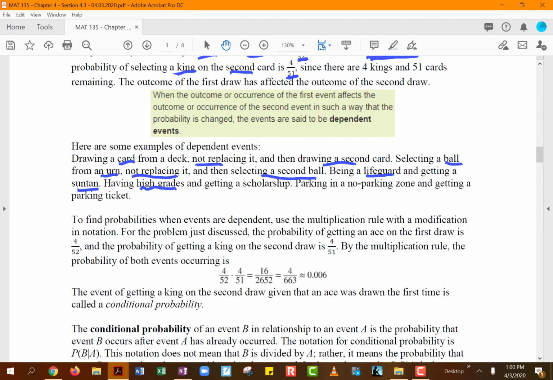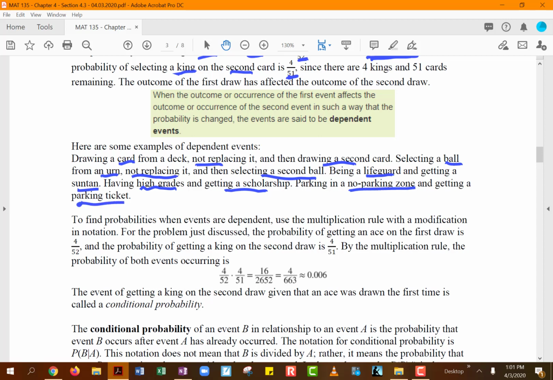Having high grades and getting a scholarship. Usually if you have really good grades, maybe when you're graduating from high school and moving on to college, then the chances of getting a scholarship, of course, become really good for those students. So you can say these are dependent events. This one here is talking about parking in a no parking zone and ending up getting a parking ticket, right?